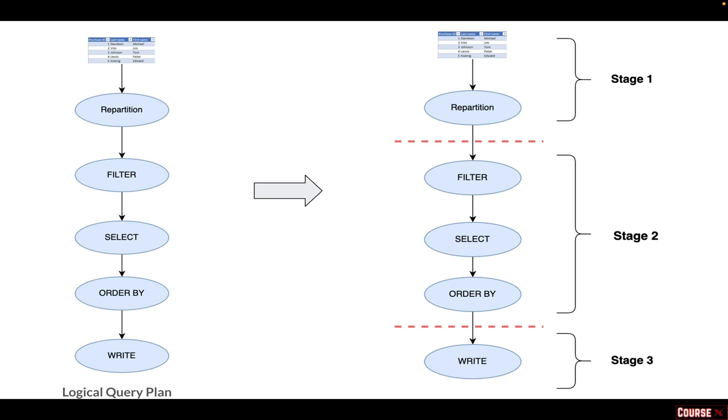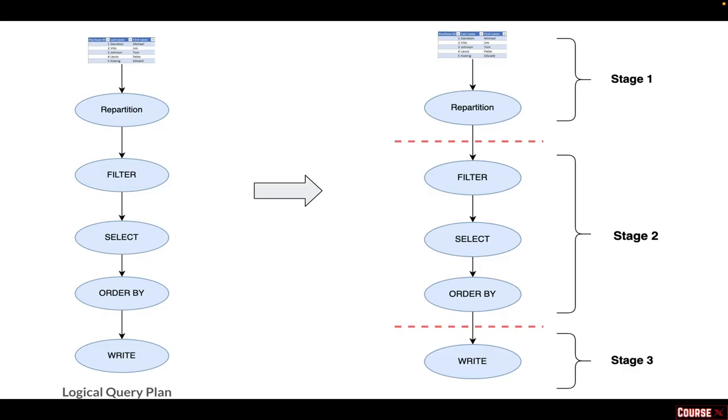That means a narrow transformation's output depends only on a single input data partition. In contrast, in a wide dependency transformation, the output depends on data from other partitions as well. So we cannot independently apply a wide dependency transformation on a single data partition. We need data from other partitions as well.